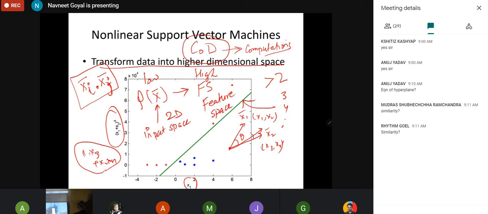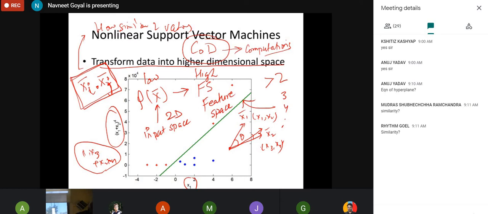So basically, the dot product tells you how similar two vectors are. This is a very important calculation that you do for all the pairs that are there in your data set.